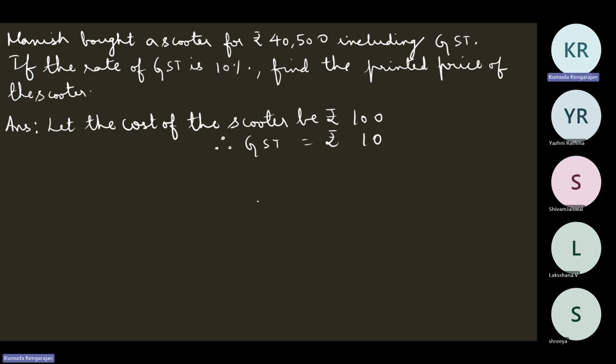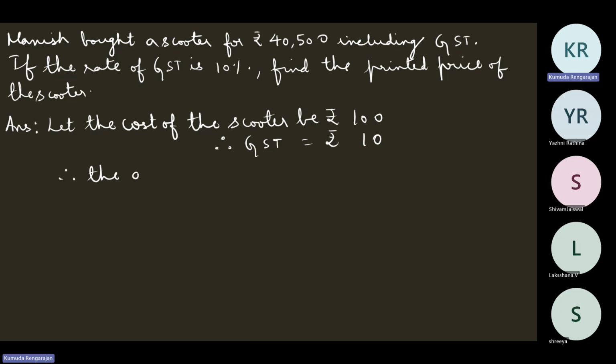Because GST is 10%. So for 100 rupees, it will be 10 rupees. 10% meaning 10 rupees for every 100 rupees. That's the meaning of 10%. So if the cost of the scooter is 100 rupees, then the value of GST will be 10 rupees.